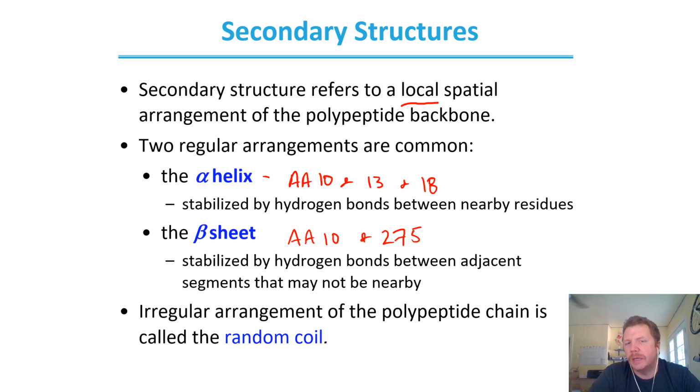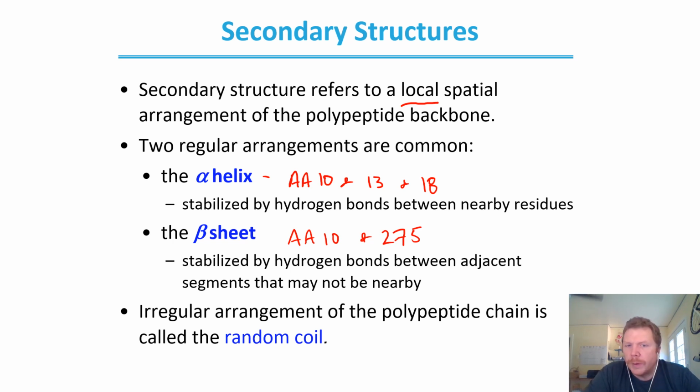How these two amino acids, 10 and 275, are able to be involved is because the overall polypeptide backbone is going to position them so that they're adjacent, but they're not necessarily nearby in sequence.